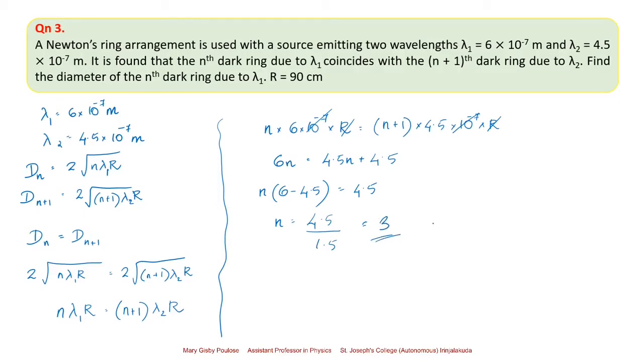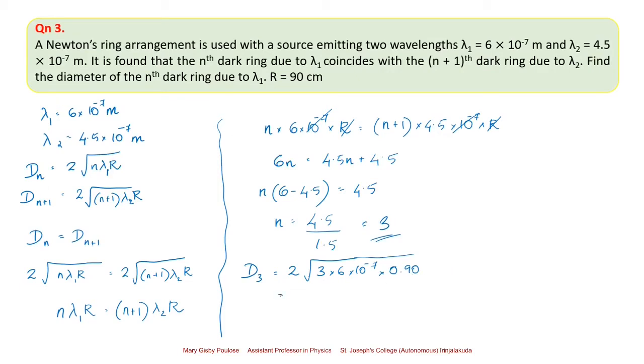Now let us find out the diameter of the nth dark ring. So d3 is given as twice square root of 3 into 6 into 10 raised to minus 7 into 0.90 meters. Let us use the calculator.